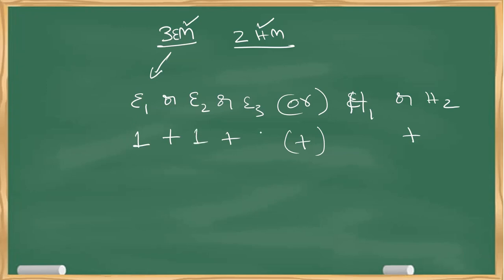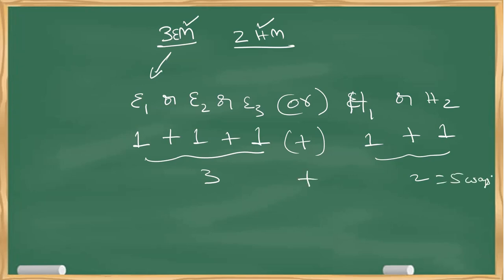So one, one, one. So I get three. So there are three possible ways of watching English movies, and here also there are two possible ways of watching Hindi movies. I can't watch them all together, so I have to watch one, either an English movie or a Hindi movie. So the answer is five. So I have five ways or five options to choose only one among them. That is the answer.